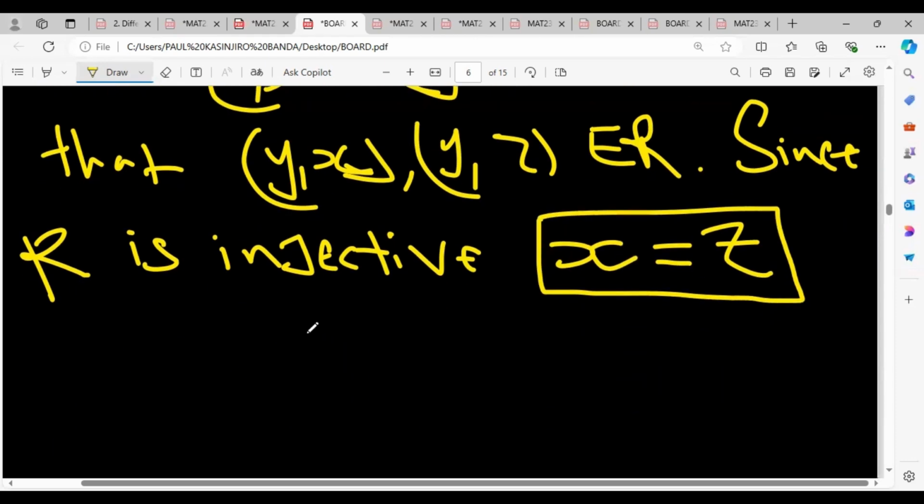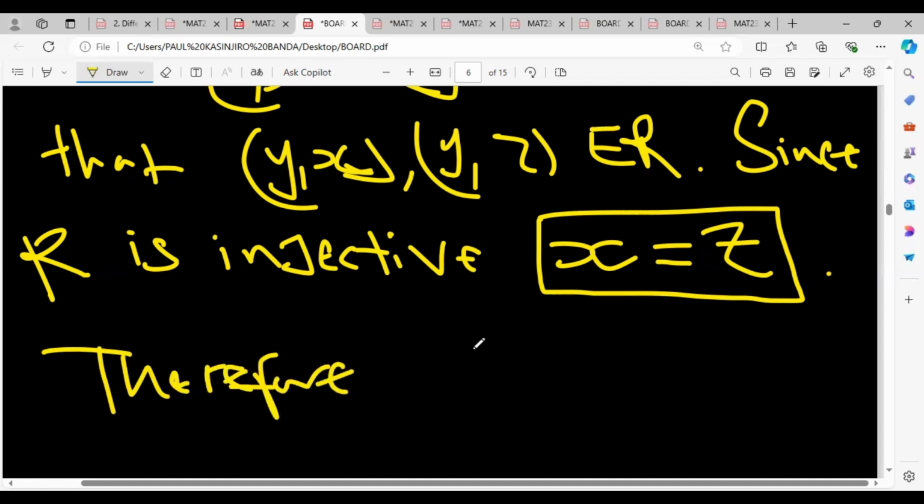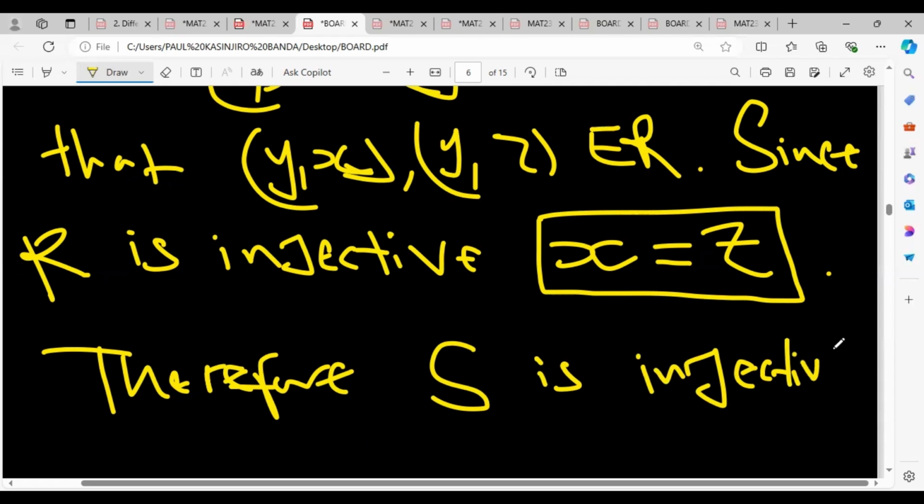And if x is equal to z, it means the first coordinates here are the same, which is y, and this x is equal to the z there. So that satisfies the definition of the one-to-one. So if x is equal to z, then it means that S is injective. Therefore, S is injective. So this is our first objective. We have proved that S is injective.